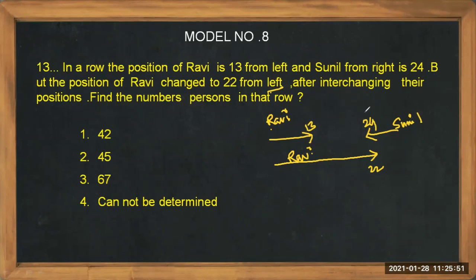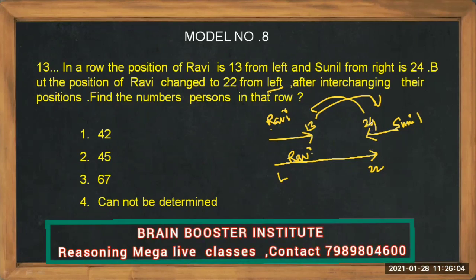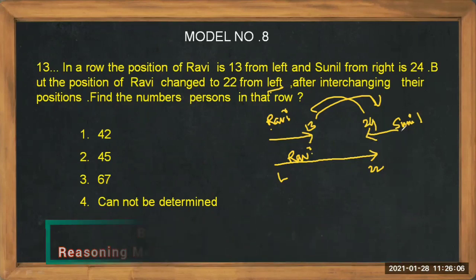When they interchange their places, Ravi's position from the left is 22. Just imagine what Ravi's position from the right would be. As he is occupying Sunil's place, and Sunil's place from the right is 24, Ravi's position from the right is obviously 24.